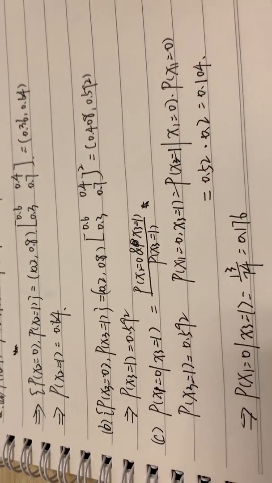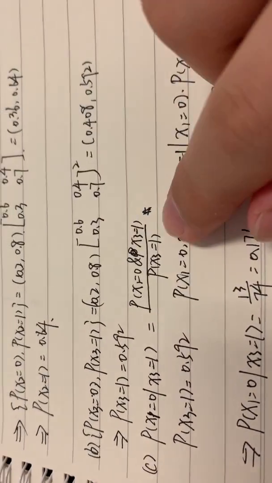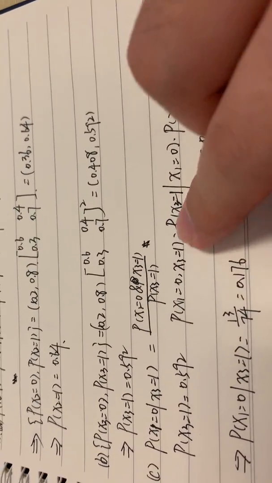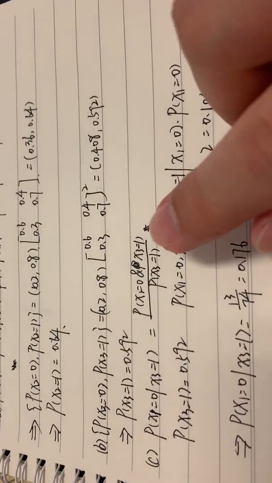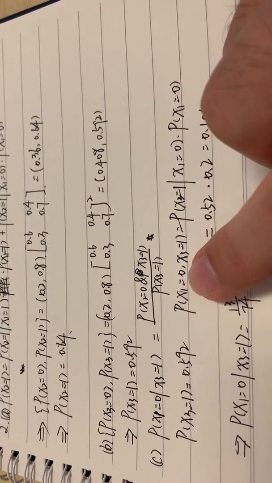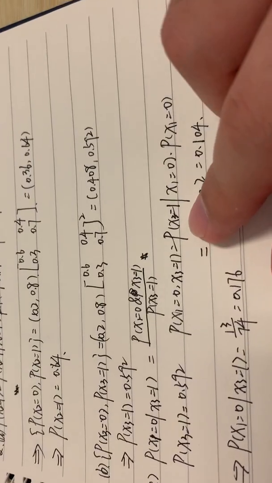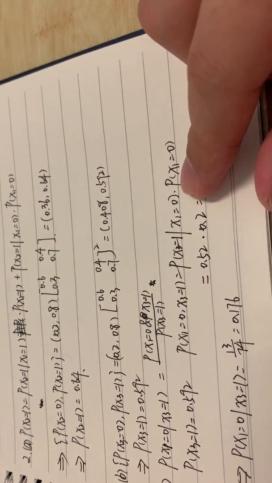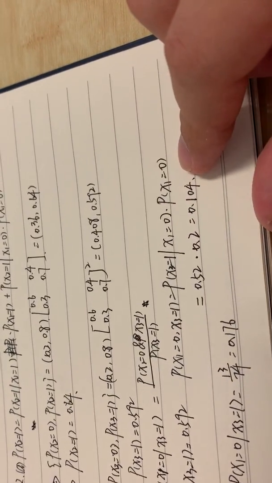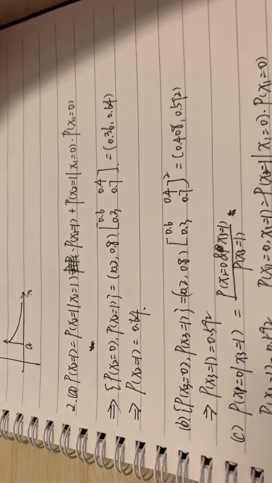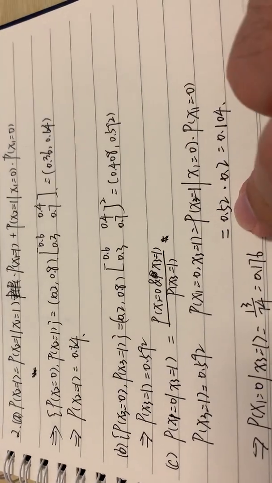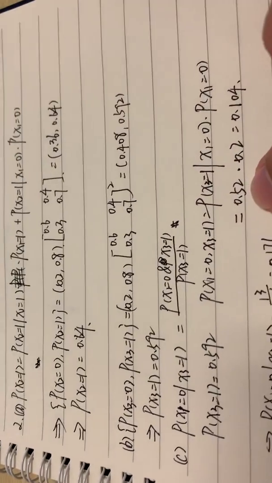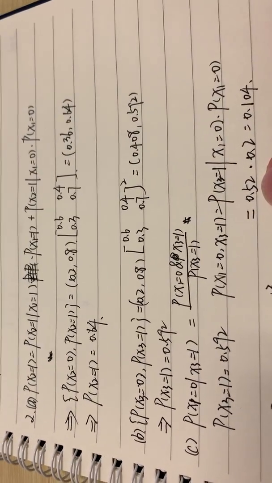So for the numerator, we should change the two positions, and P(x1 equals 0 and x3 equals 1) is P(x3 equals 1 given x1 equals 0) multiplied by P(x1 equals 0). This conditional probability we have already calculated. It's 0.52.